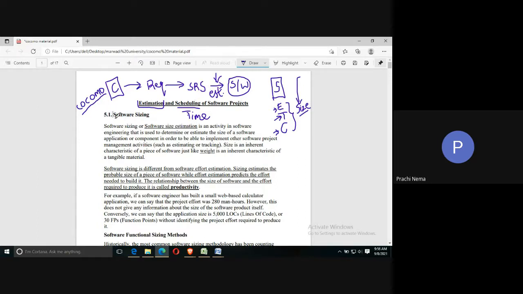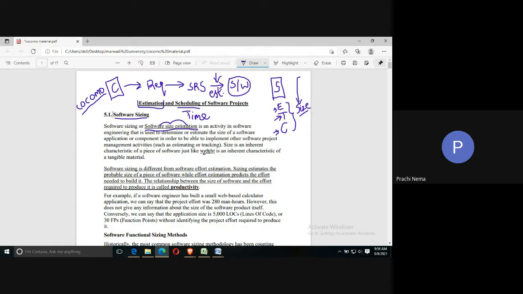The first term is software sizing. Software sizing can also be termed as software size estimation. So this itself explains what it will do. It will estimate the size of the software. So estimating the size of the software is software sizing.